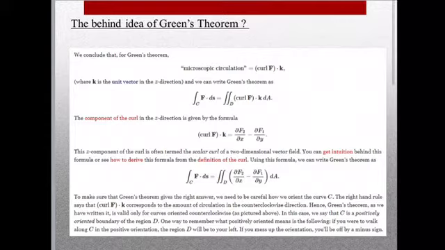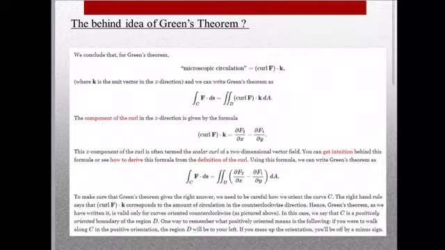So, to make sure that Green's theorem gives the right answer, we need to be careful about how we orient the curve C. The right-hand rule says that curl F·k corresponds to the amount of circulation in the counterclockwise direction. Hence, Green's theorem, as we have written, is only valid for a curve oriented counterclockwise, as the picture shows above.